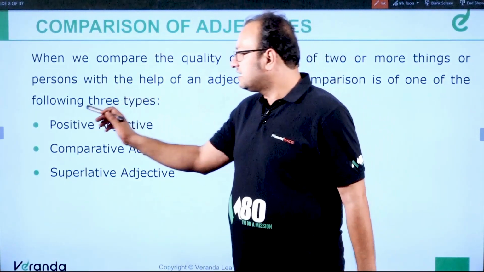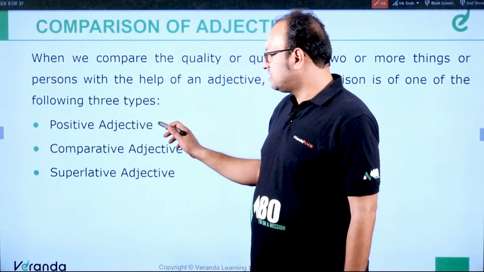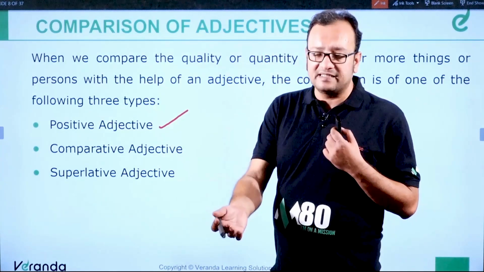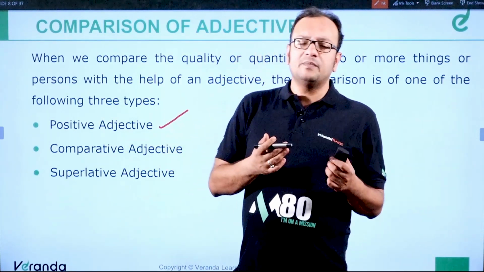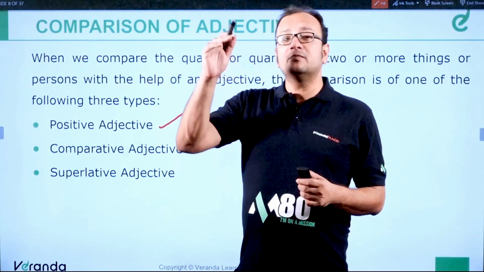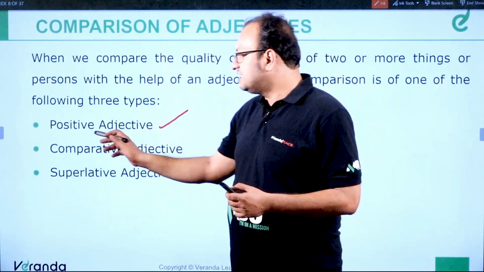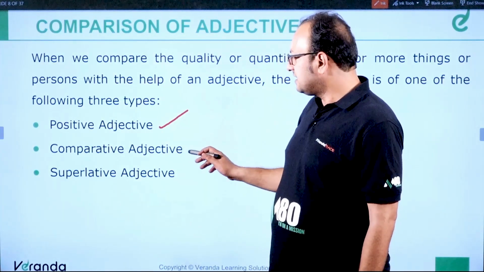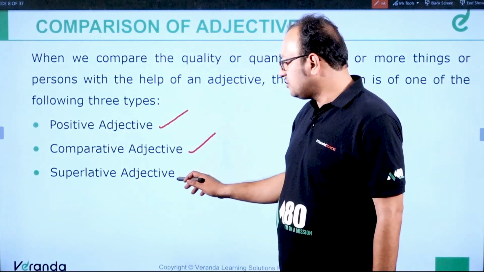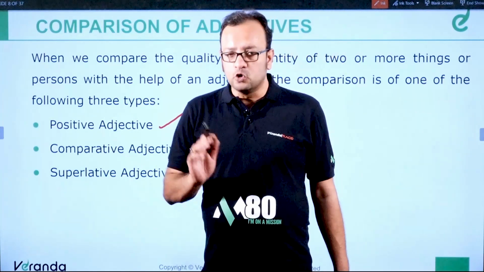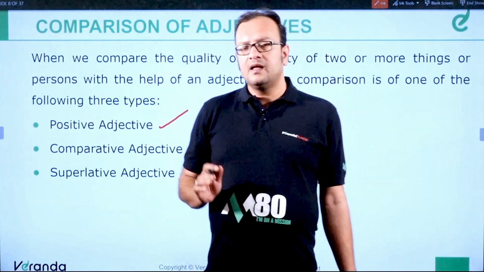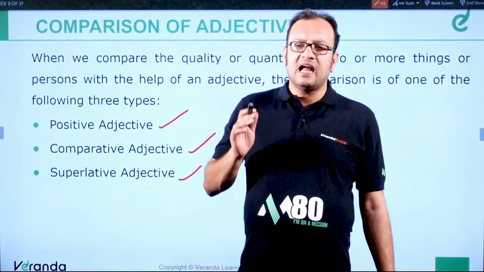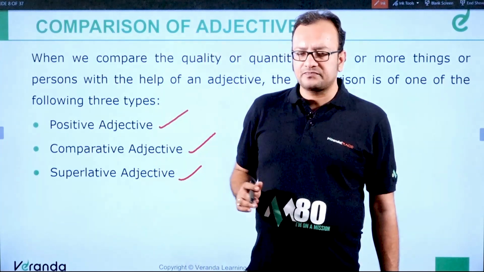Clear? So there are three types of comparisons. When we talk about comparison, first we need to understand how many types of adjectives there are in terms of comparison. An adjective can be of the positive degree, a comparative degree or a superlative degree. Good is positive degree, better is comparative degree, and best is superlative degree.